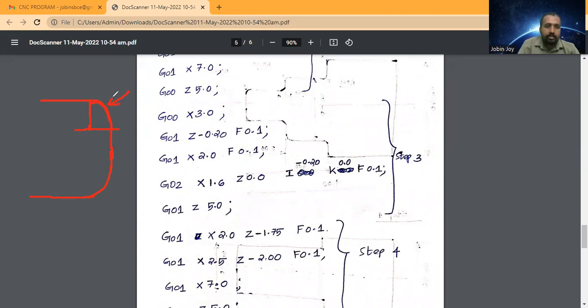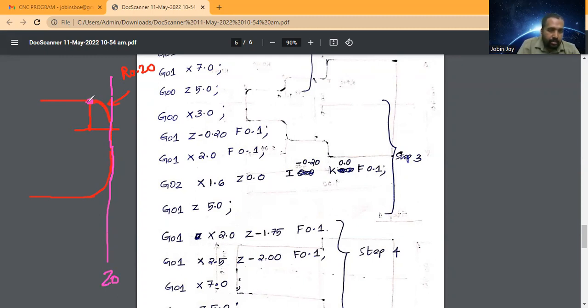So this radius is R0.20. This is the end. This line represents the Z0 line. So from this Z0 line to here.